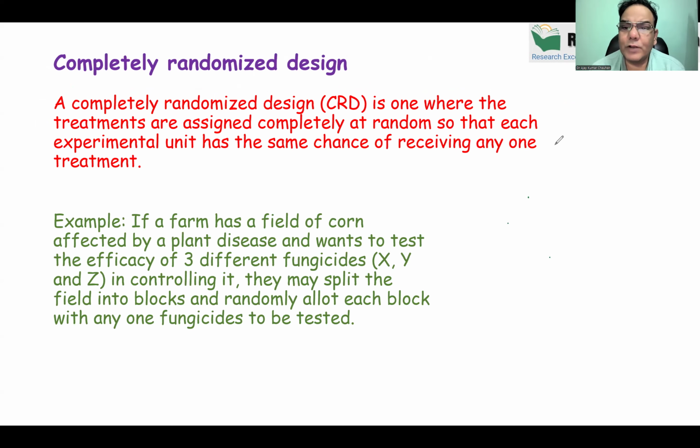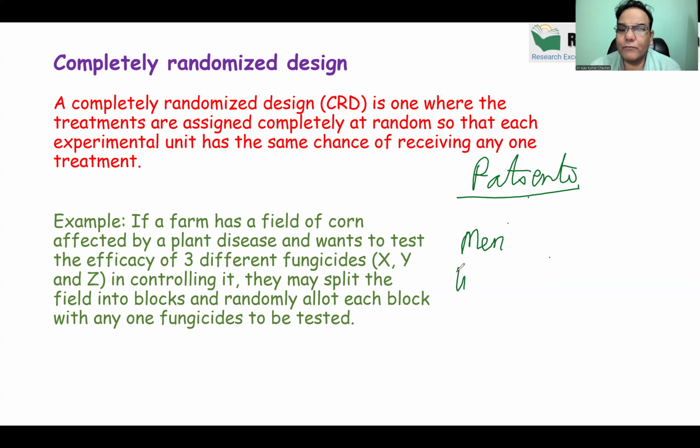Now, suppose you are having patients. First of all, you divide the patients into homogeneous groups. Let's say the first group is men, the second group is women. So you can make two groups.